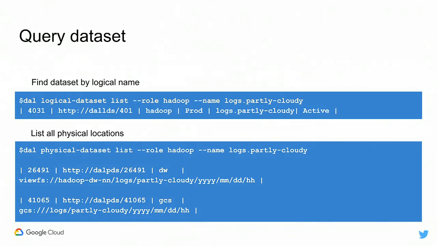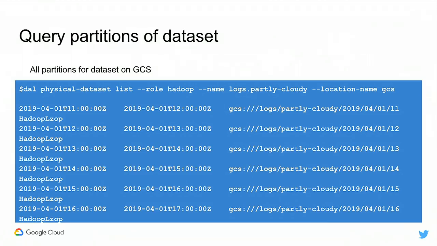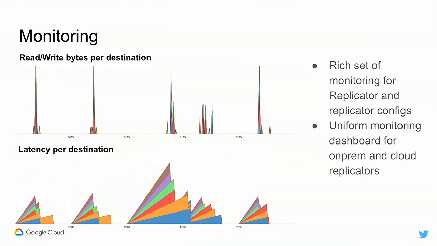So it's the same interface and same APIs for our users who have been using DAL. You can query all the partitions for that data set at a particular location, and it will give you hourly partitions. As and when the replicator is copying data, it is also publishing this information to DAL with a uniform interface for our users, and not just users, but also for ourselves and our SREs.